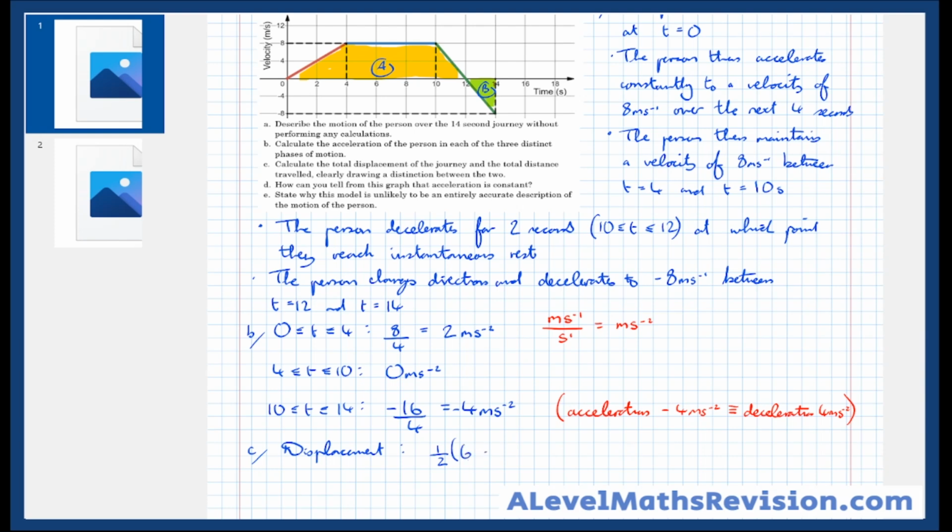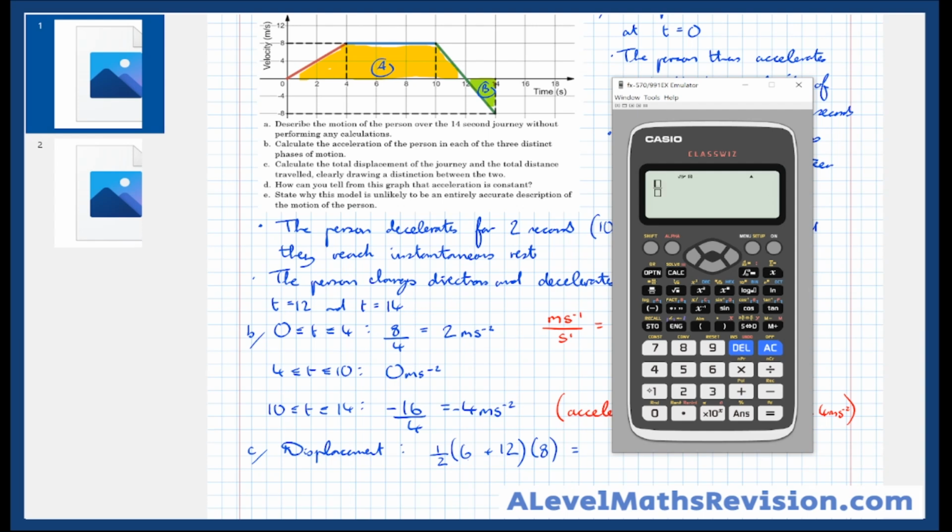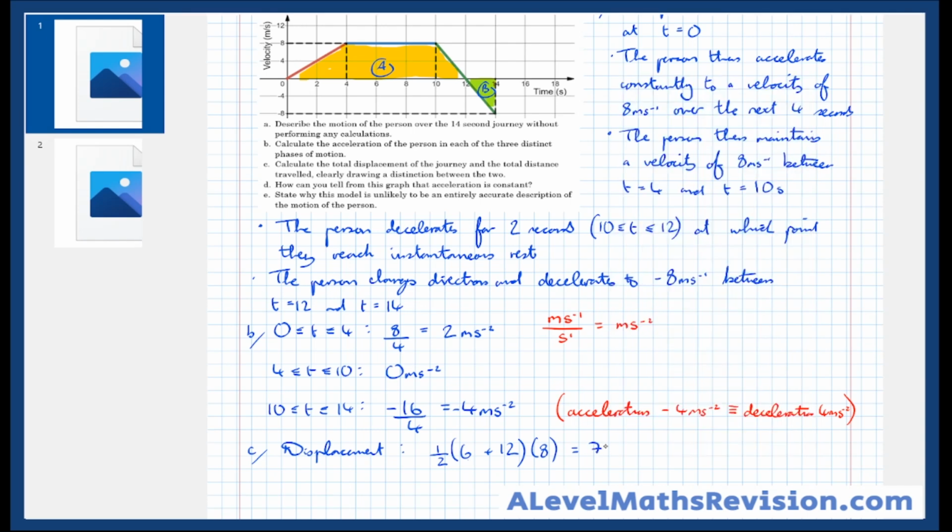So half of 6 plus, and the bottom is 12, times the perpendicular height, which is 8, equals, and let's put that in the calculator, 1/2 of 6 plus 12 times 8 equals 72 meters for A.